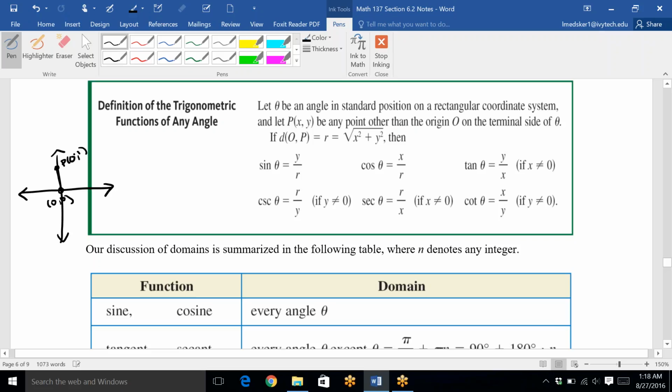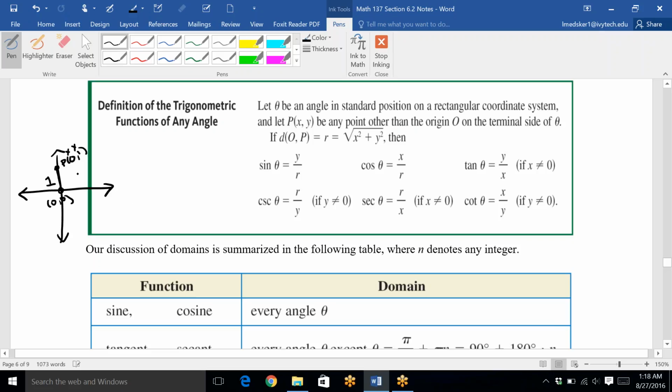Now, this definitely has a radius of 1, but the problem is anytime you wanted to put x in your denominator for one of the other functions, the x would be a 0. So that means that that function would not be defined there. And the 1 would be okay because y is 1 there.